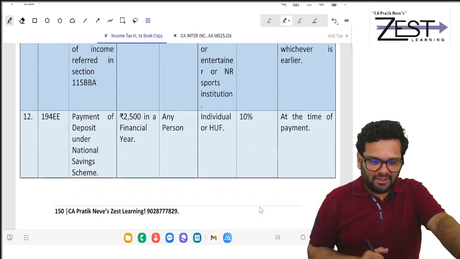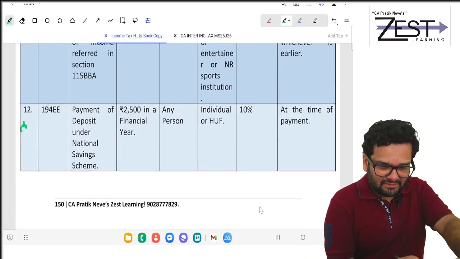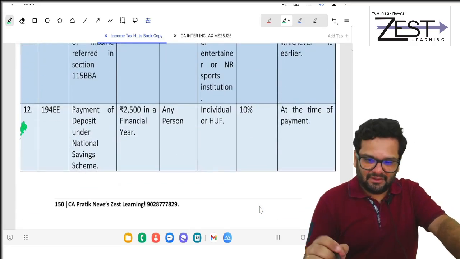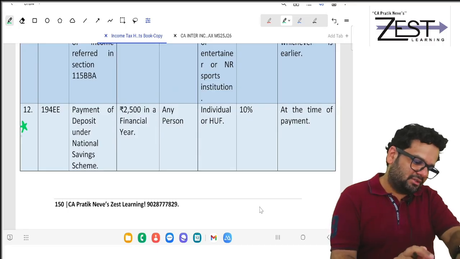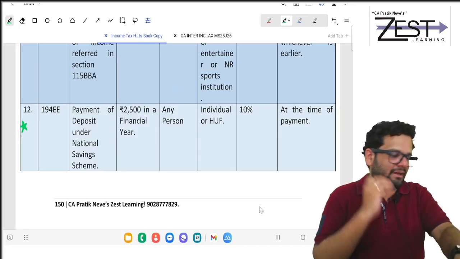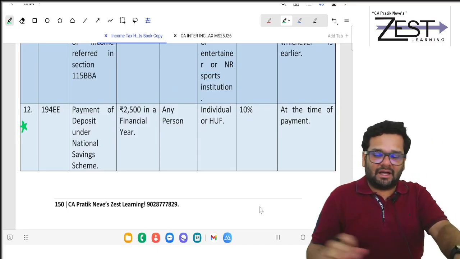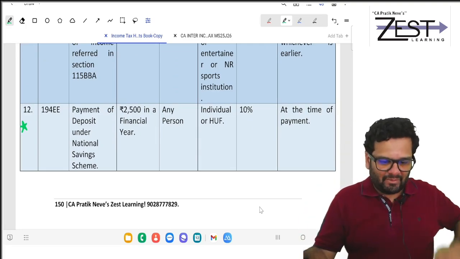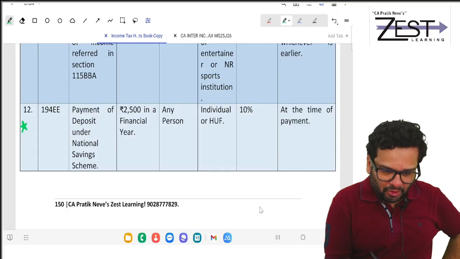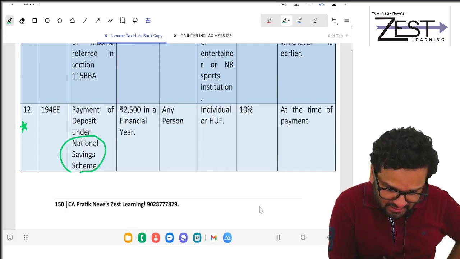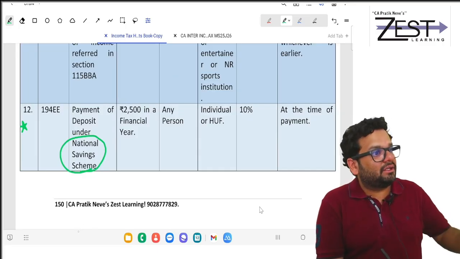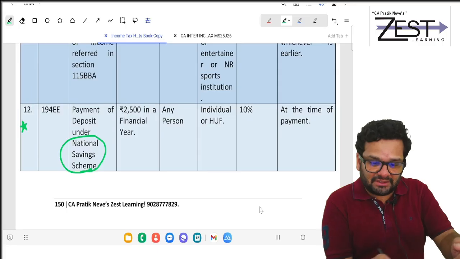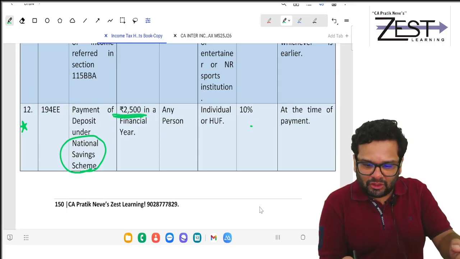That is the point. EE half star. So see, I am going very transactional. What it is doesn't matter. I am not giving time to that. EE is half star. Payment of deposit under NSC. You have invested in NSC. From that you are getting some income which is exceeding 2,500.